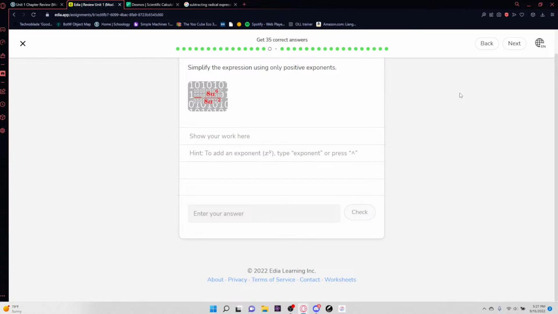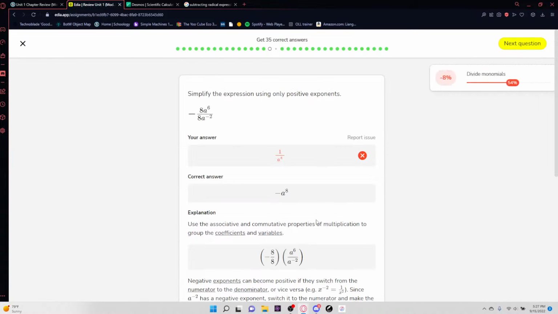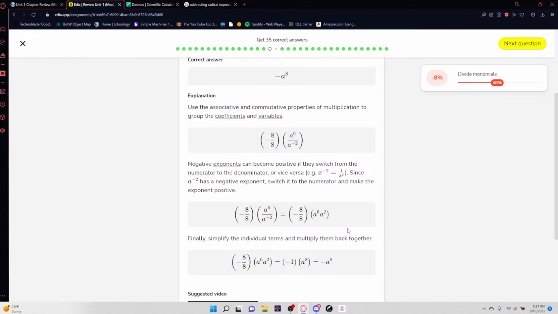So it's 1 over a to the 8th. Or it better be. Oh, you've got to be kidding me. Okay, so since there's a negative exponent, you just multiply them.